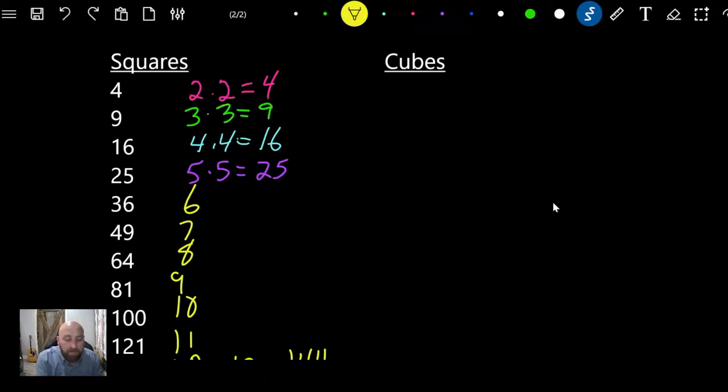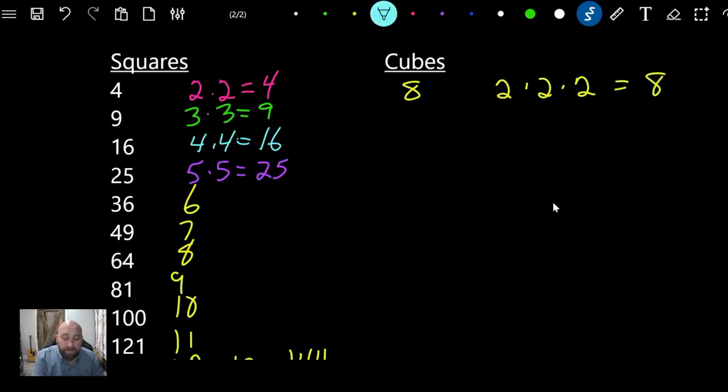Let's talk about these cubes now for a second, because these are a little bit more complicated. The first cube that we'll want to know is the number 8. 8 is the cube of 2: 2 times 2 times 2 equals 8. Okay.